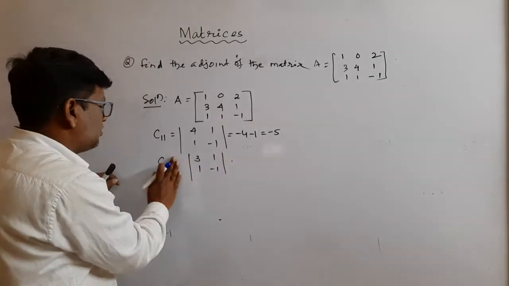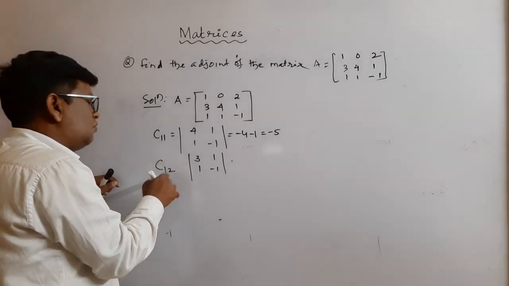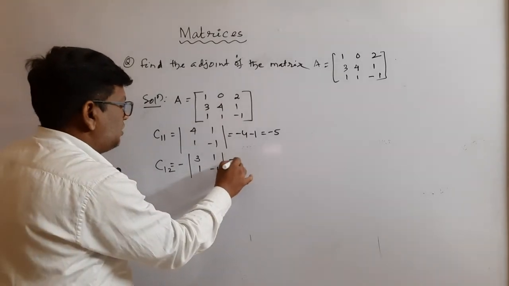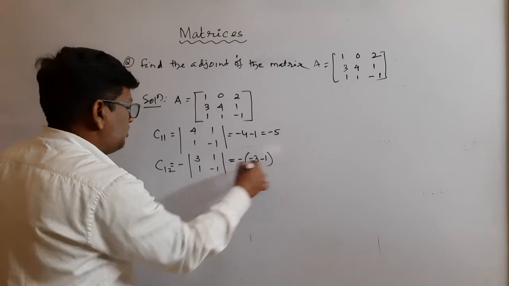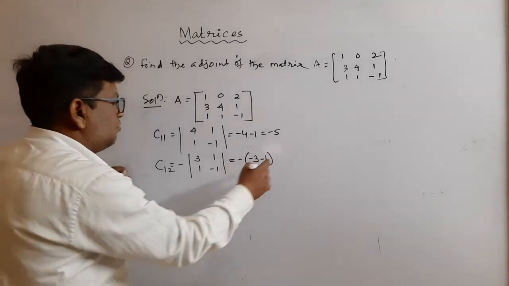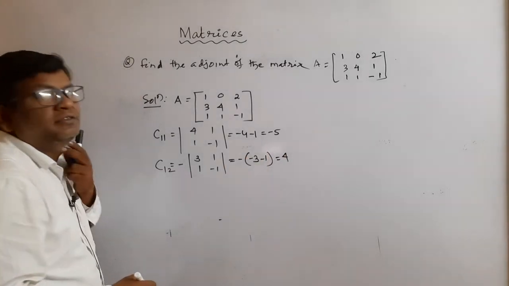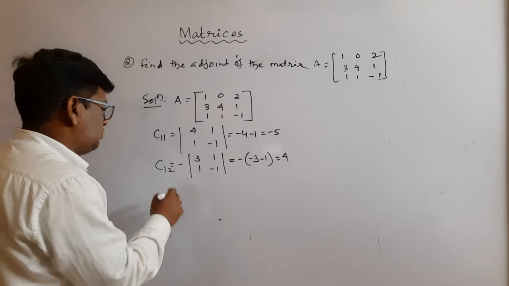Here C12 is odd, so we put a minus sign first: minus of 3 minus 1, so minus minus plus 4 here. Okay, minus 4 and minus plus 4 here.